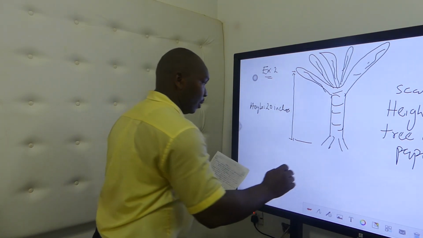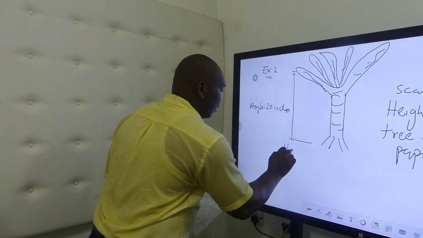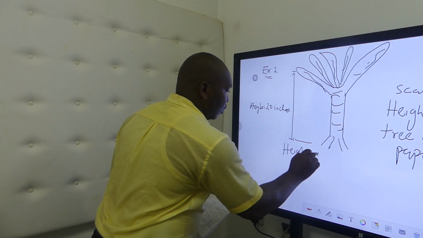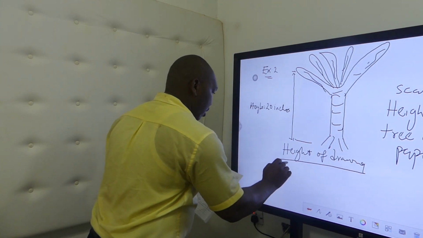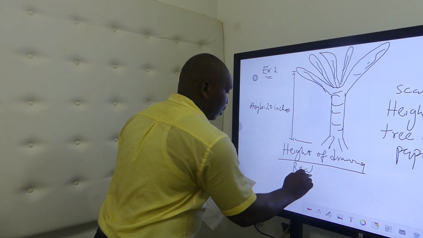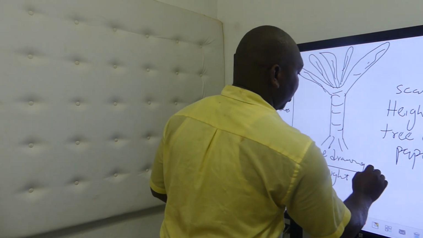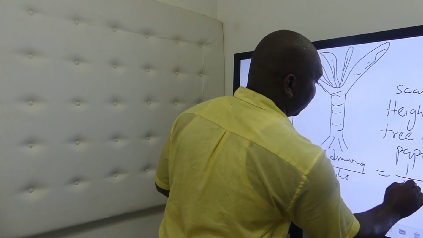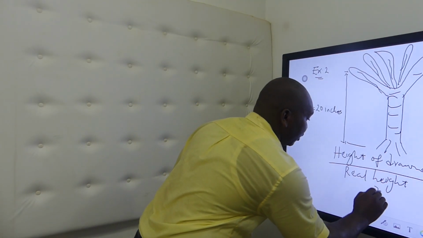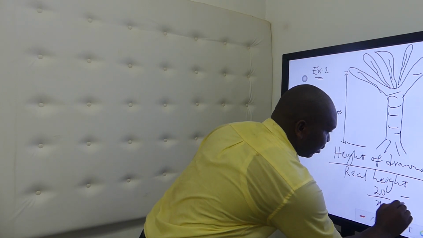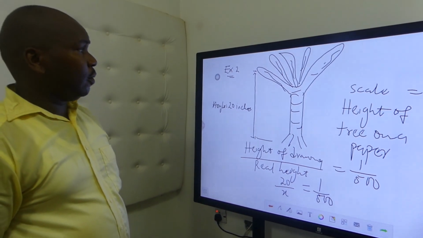The formula says height of drawing over real height of tree is equal to 1/500. Now what is the height of the drawing? That is 20 over x is equal to 1 over 500. Are you there?